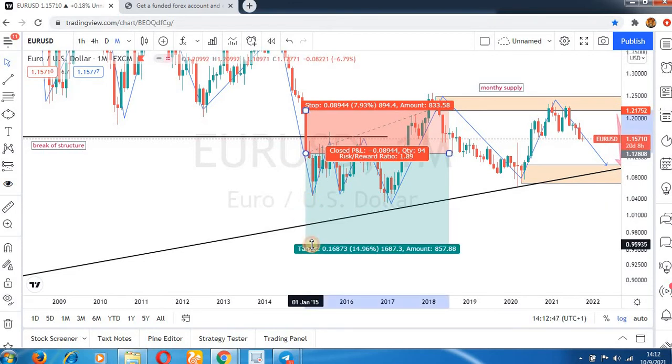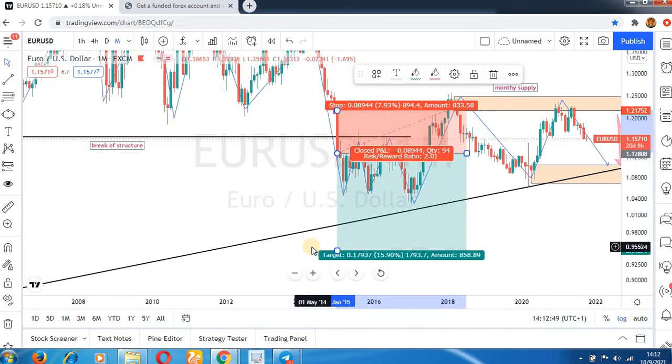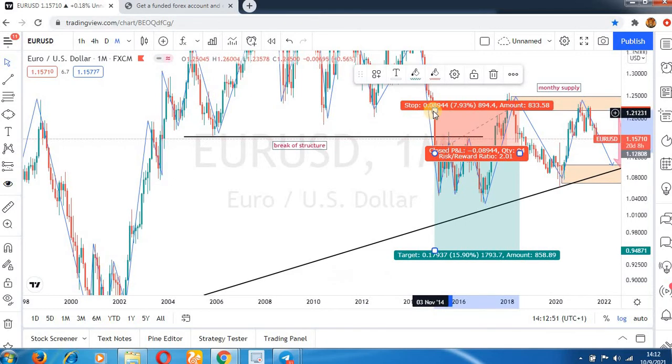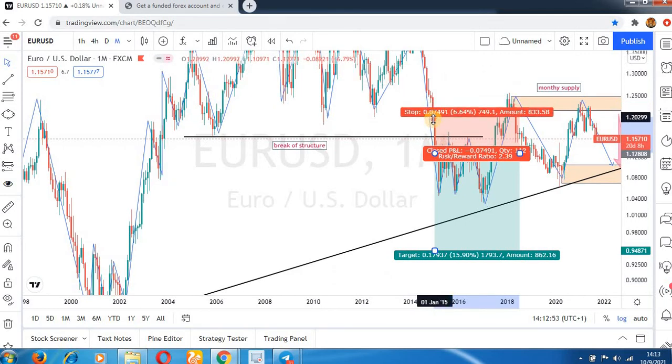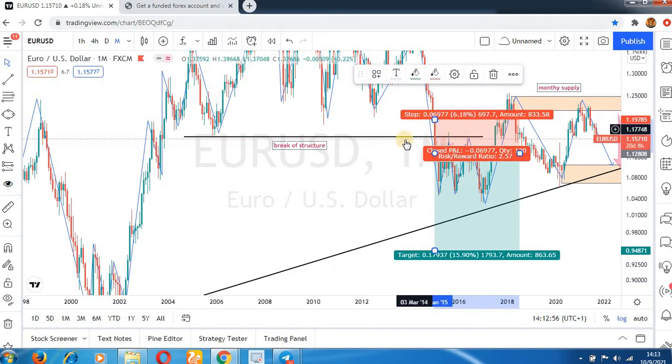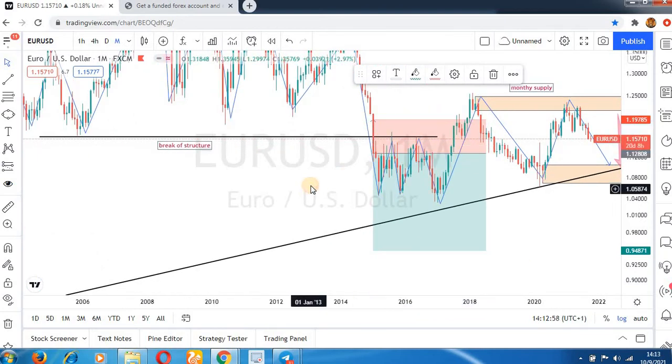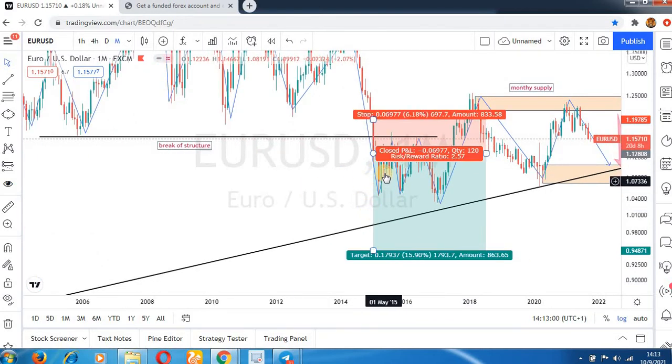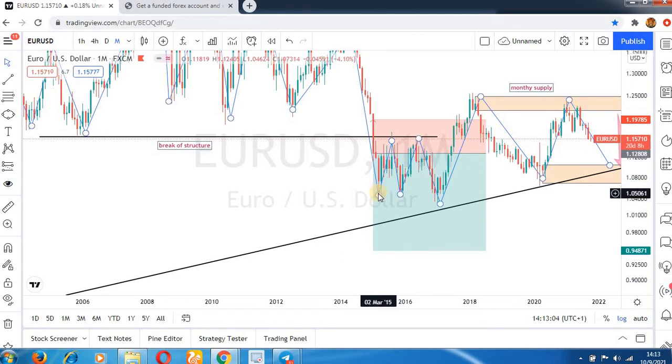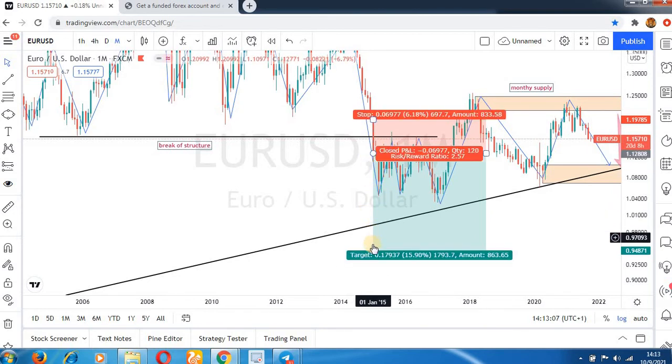Maybe he's targeting all the way down. I don't know where he will be targeting. Maybe he looks at a lower time frame structure and places his stop. Now, price gives him a sign that it is going down. He's happy.